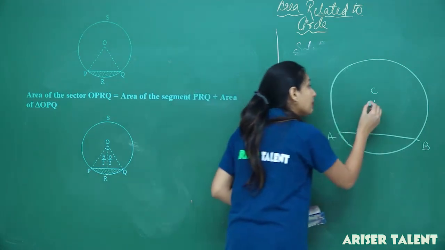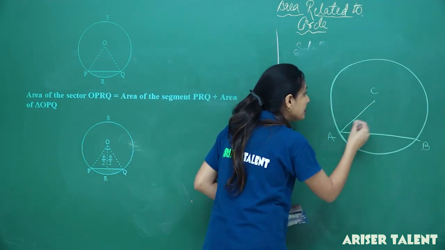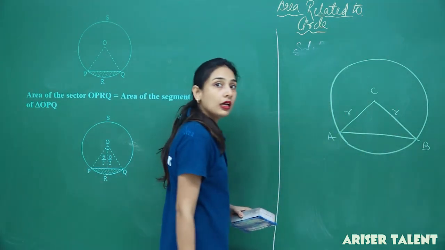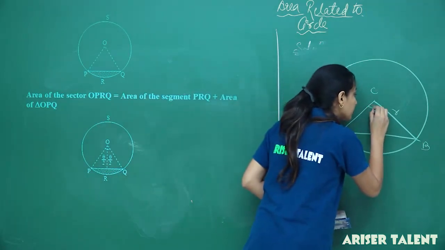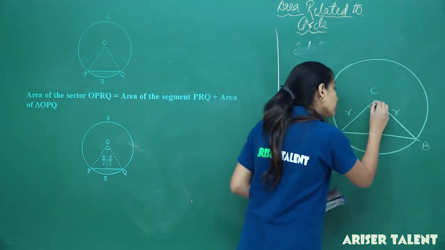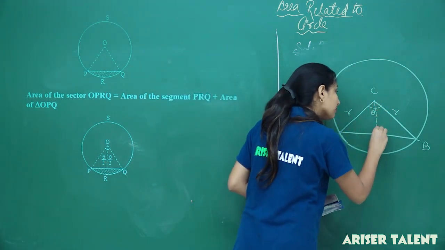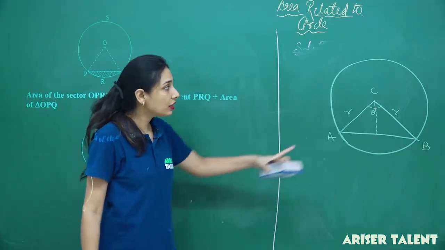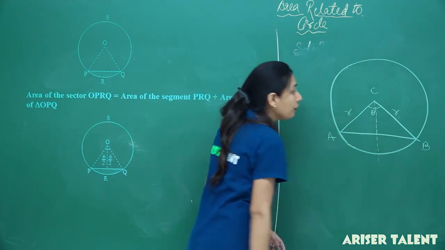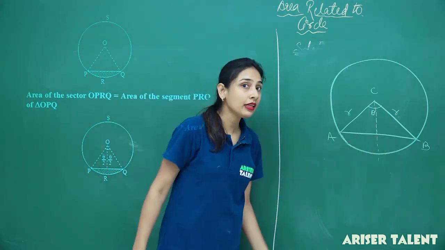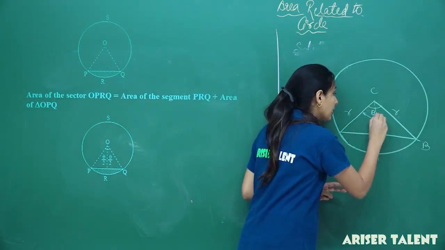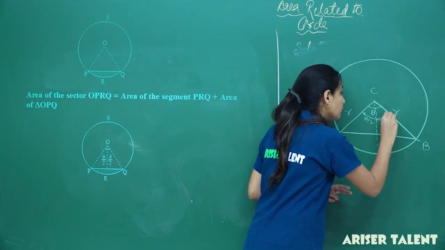Okay, and for sure if I am meeting this point C to A and C to B, this will be what? Radius R. Now I am telling you again and again that this portion is theta. Now if I am going to have a perpendicular on that, now this radius are same. So this perpendicular will be bisecting this line AB, isn't it? 1 and 2, these angle it will bisect these angles too.